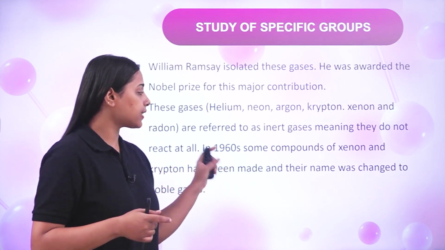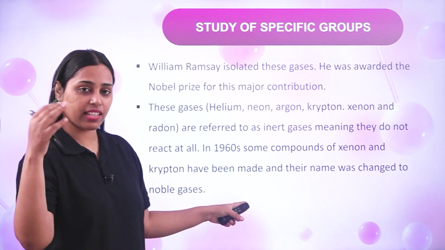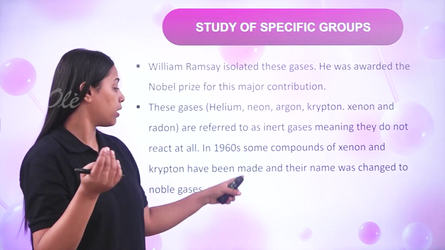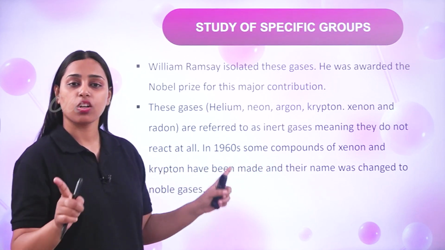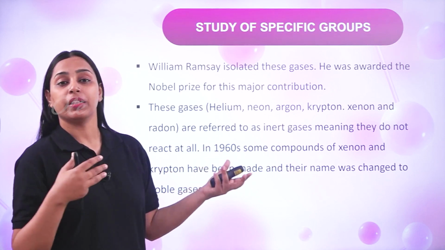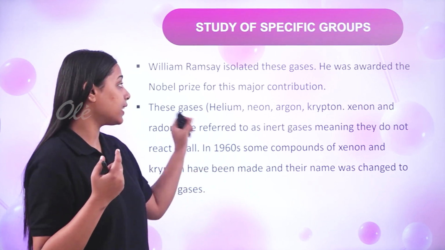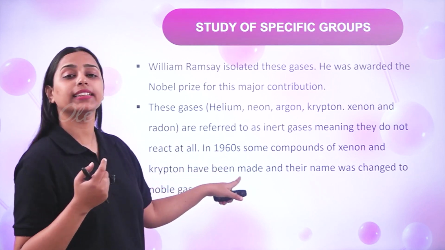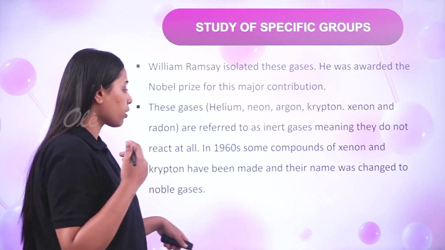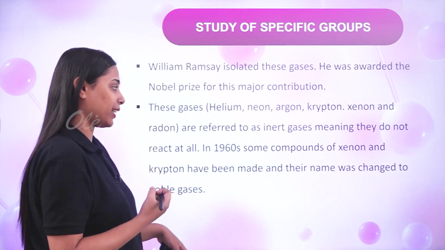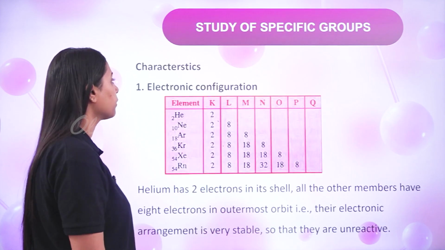In the 1960s, some compounds of xenon and krypton were made, XeF6, XeF2, these types of compounds, and their name was then changed to noble gases because they are not completely unreactive. They do show some reactivity, that's why they are considered less reactive. And in the 1960s, the work of Neil Bartlett was able to extract compounds of these noble gases, specifically xenon and krypton.